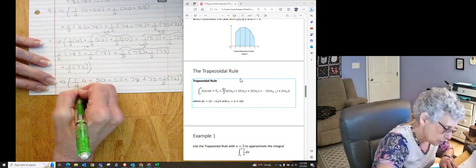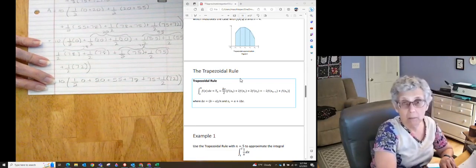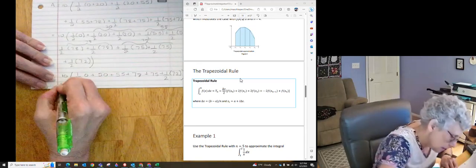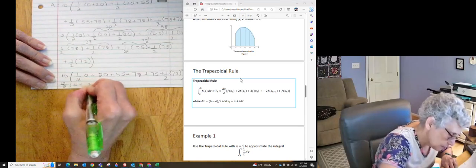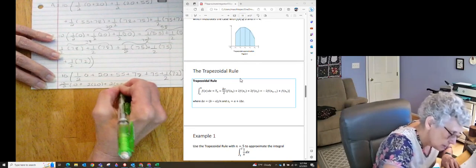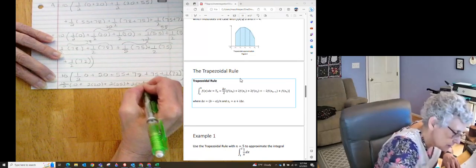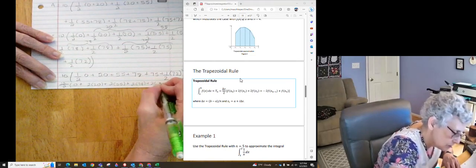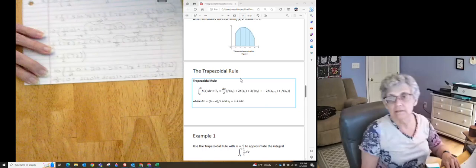If I factor a 1/2 out, I'm going to have to make up for it by multiplying by 2. So what I have is 10 over 2 times 0 plus 2 20s plus 2 55s plus 2 78s plus 2 75s plus a 72.